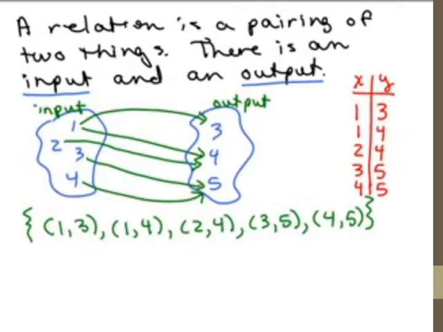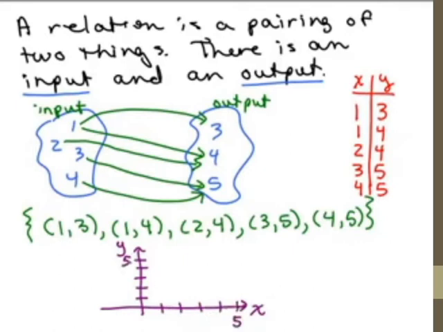So let's say we just did a little graph. Usually what we do is we make the input X and the output Y. And for my inputs, I've got the numbers 1, 2, 3, and 4. And for my output, I have 3, 4, and 5. So let's see. I'm going to make the lengths on the y-axis different than that of the x-axis. But here's 5, and here's 5.